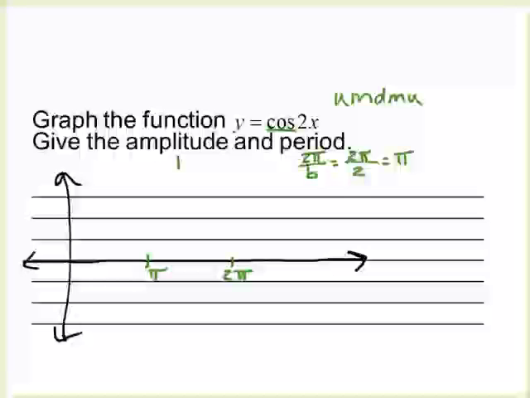To plot our points, the first point I plot is the first point of the pattern. So I'm going to plot the up. How high is it up? 1, because that's the amplitude. So right on the y-axis, it's up at a height of 1. Then I plot the final point of the pattern, which is up again to match the first one, at the length of the period.